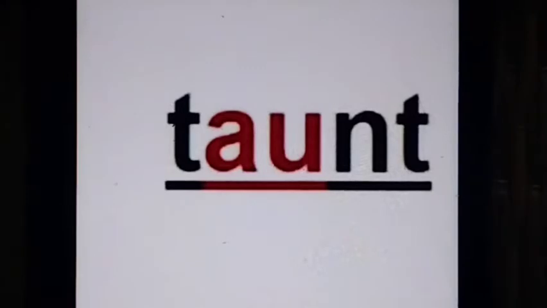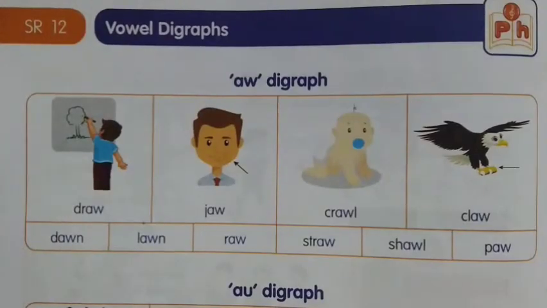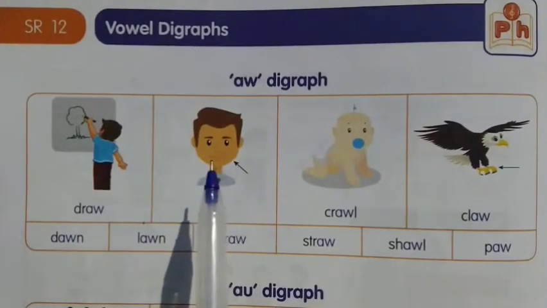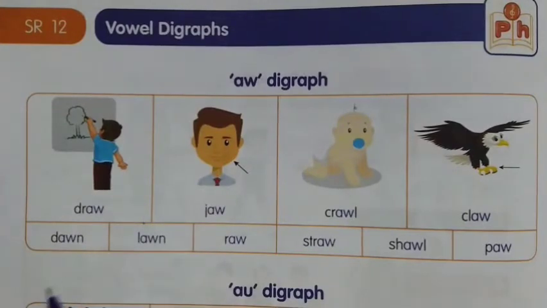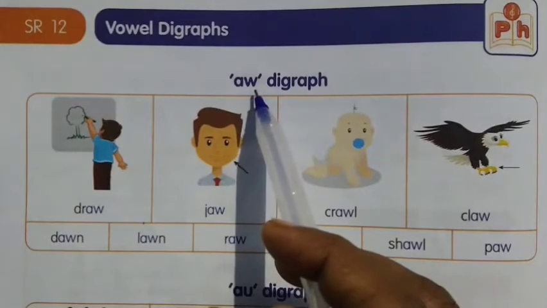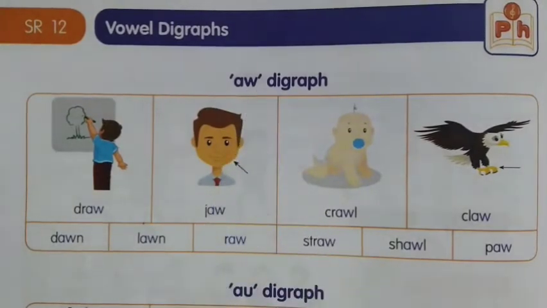Now we are going to revise the words from our SR book for the two new sound patterns. Look at this children. Yes, let us read these words by blending technique for these two digraphs. AW a digraph, AU a digraph.